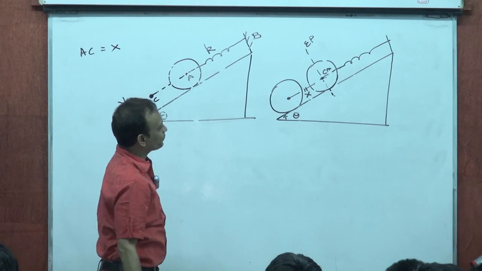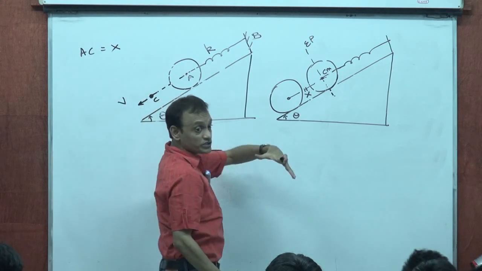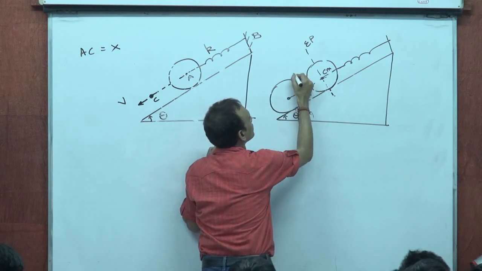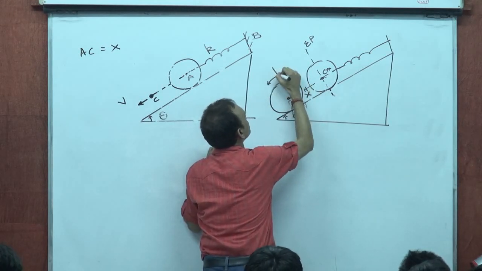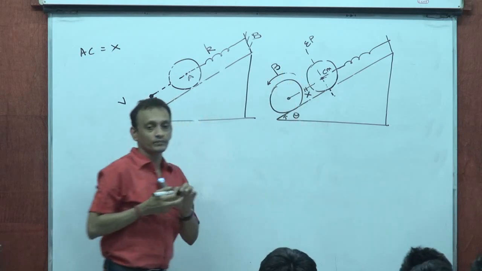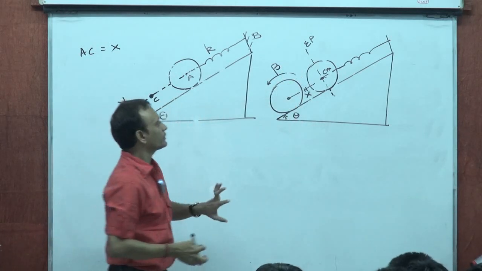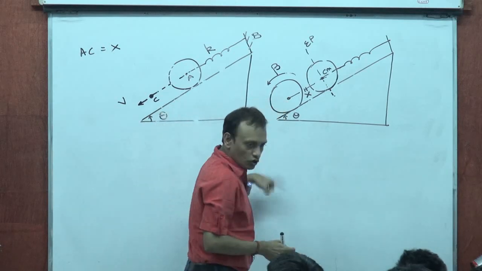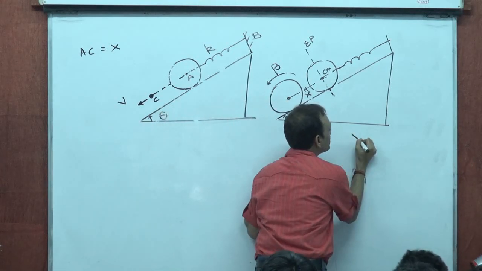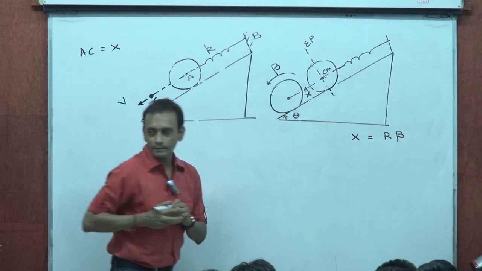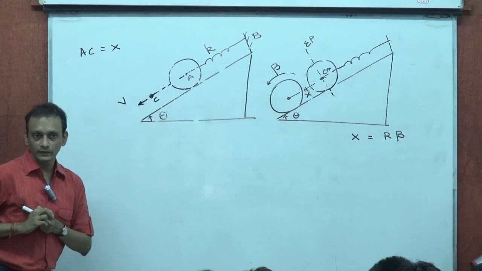Now, in the process, this must have rotated, let's say, by an amount beta. The cylinder must have rotated by an amount beta, where in order that it was rolling all the time, the displacement of the center of mass must have been r times beta, right?